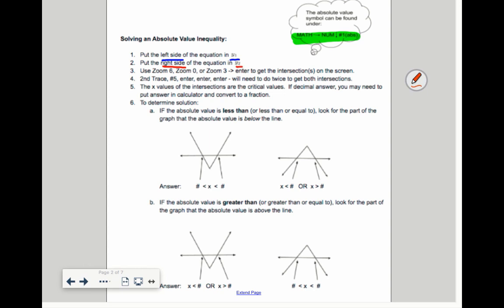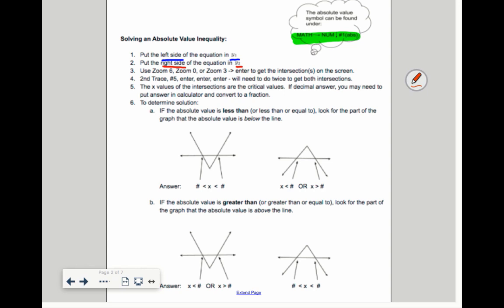If you don't see your intersection points, do Zoom 0 or Zoom 3, Enter. You have to see those intersection points on your screen. Then you do your second trace and find those points of intersection, just like you did for absolute value equations.